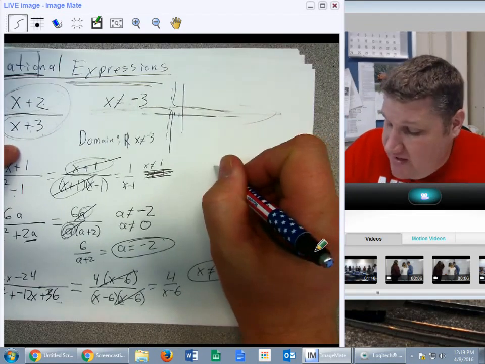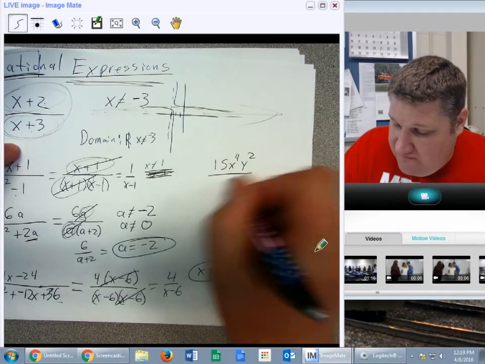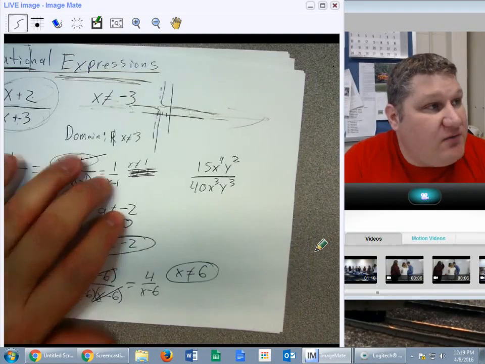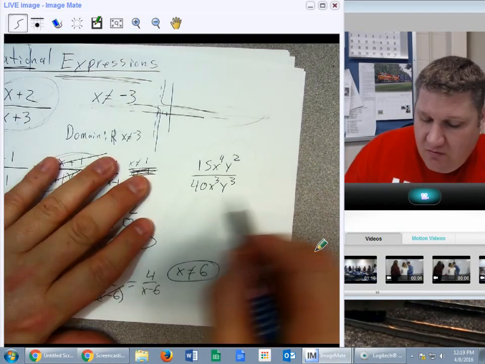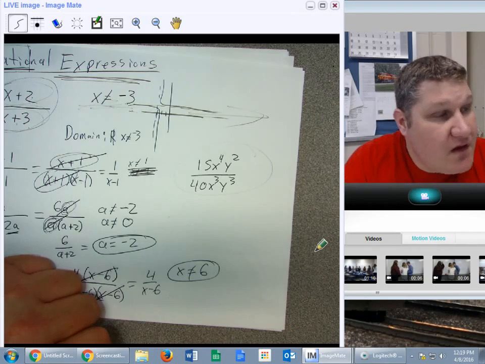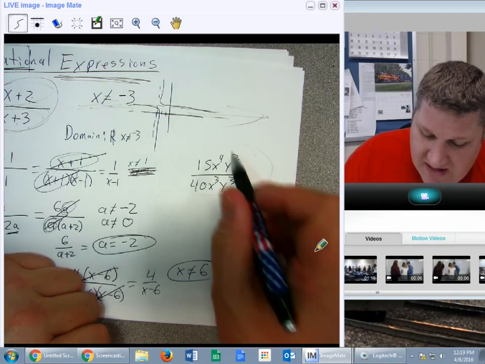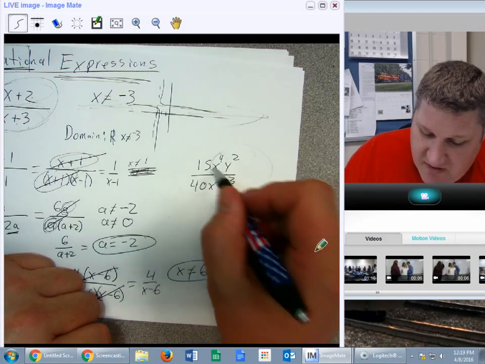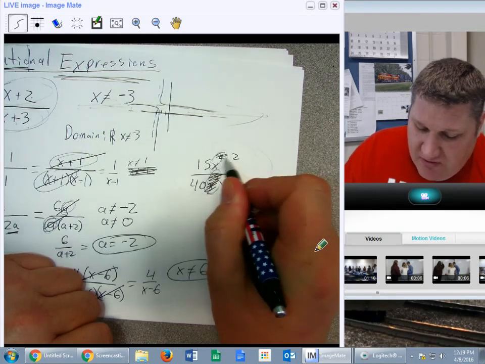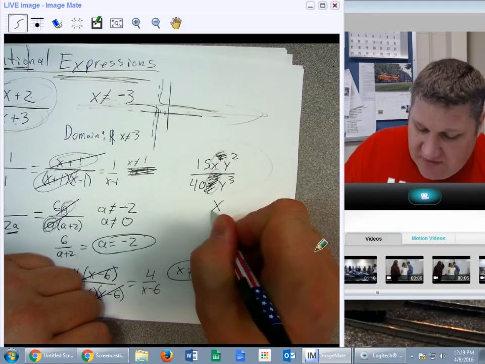All right, so let's do one other type of problem. Say 15x to the 4th y squared over 40x cubed y cubed. Now, we've done problems like this before. What do I need to do to reduce? What can I get rid of? X's. How many do I have in the top? 4. How many in the bottom? 3. So if I cancel 3 out of here and 3 out of here, what am I left with? 1x on the top.